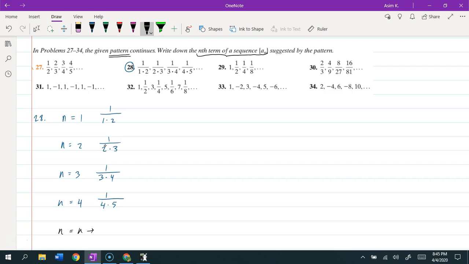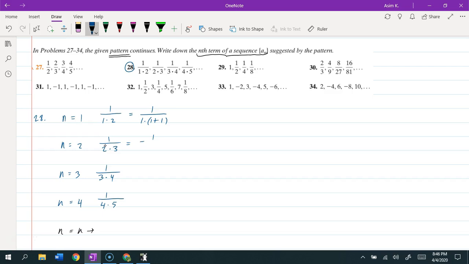All right? So here's how I see this problem. I can say that that first one is 1 over 1 times 1 plus 1. Now initially you might say, I don't quite see it, and that's what most students will say in the beginning, but you get used to it.